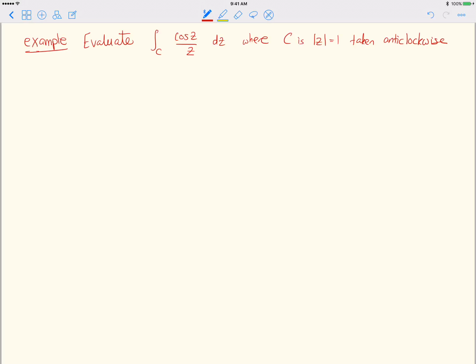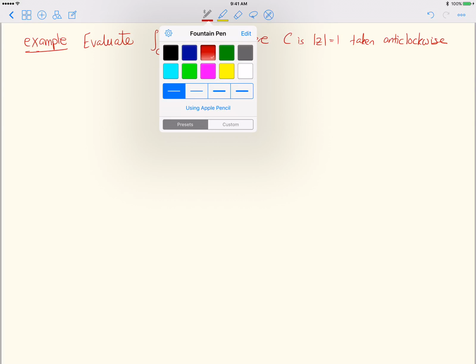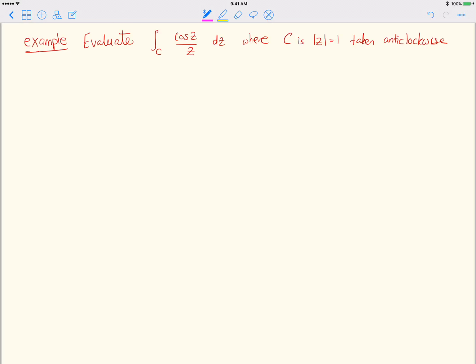Remember, what does Cauchy's integral formula say? It says that f of z naught is equal to 1 on 2 pi i times the integral along C of f of z on z minus z naught dz.